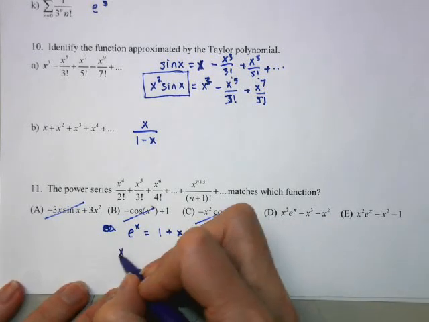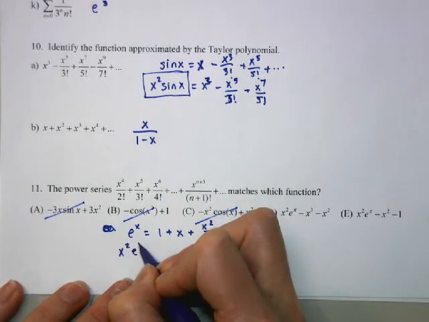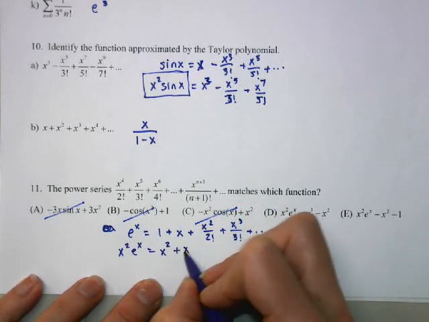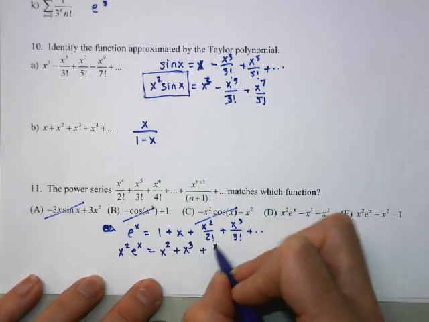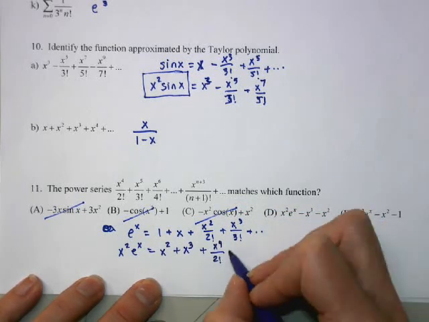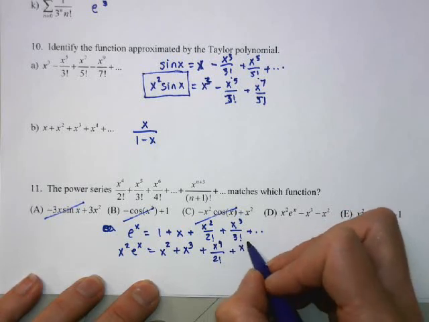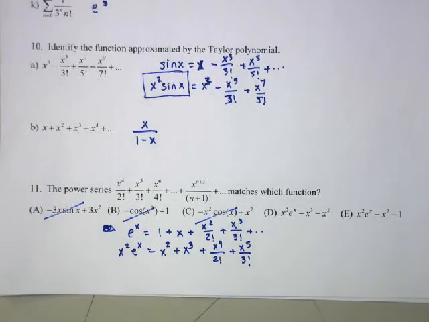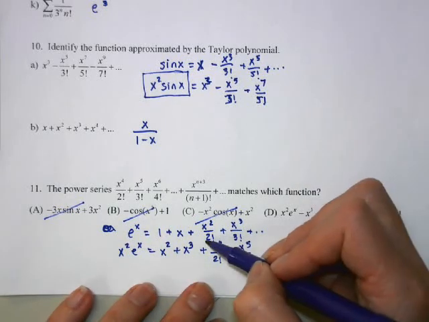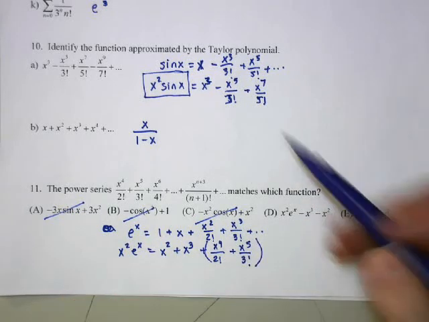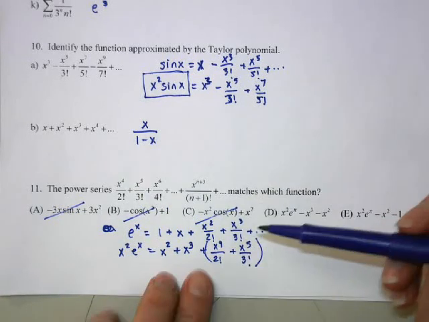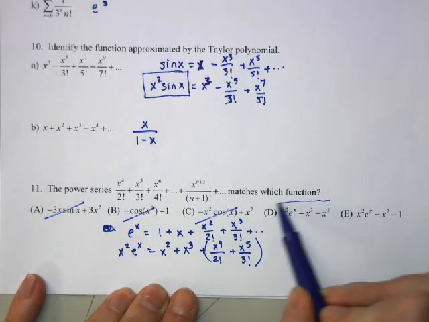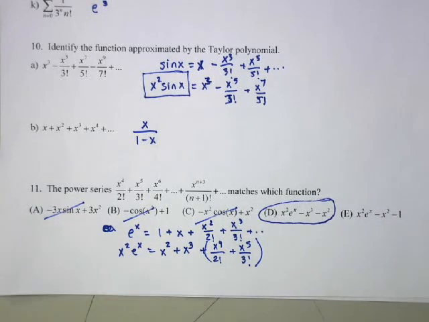So I'm going to multiply by x squared, which is going to give me x squared plus x cubed plus x to the 4th over 2 factorial plus x to the 5th over 3 factorial. So we're getting closer. Okay, this is where our series starts. So to get my series, we want to subtract that and that. So my correct answer here is D.